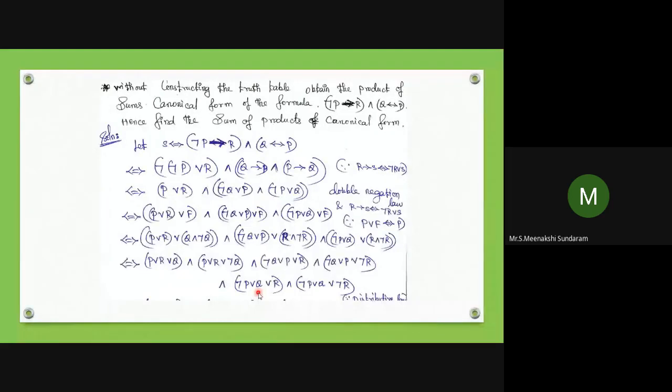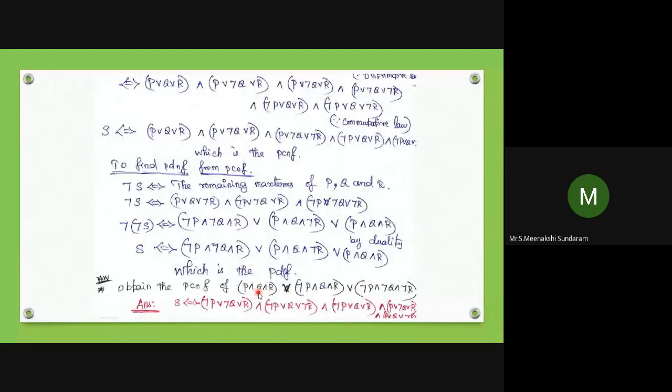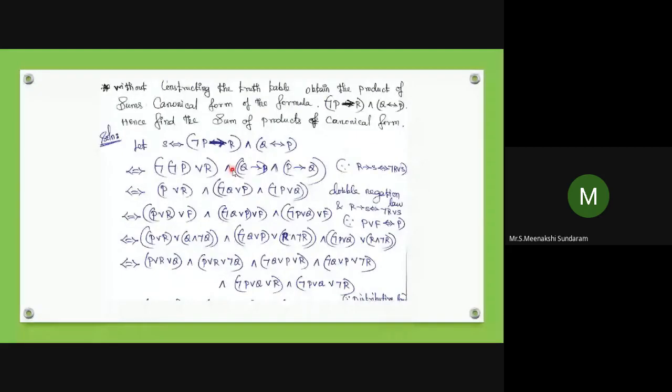So first find the PCNF, then from the PCNF find the PDNF. Yes, I think this problem is enough. This is one of the problems.